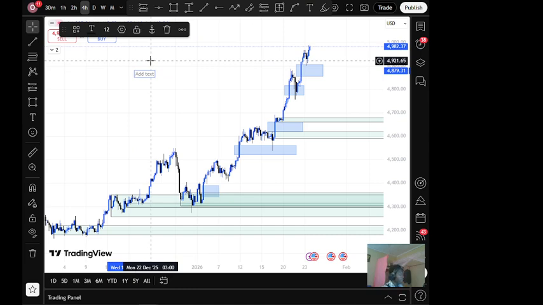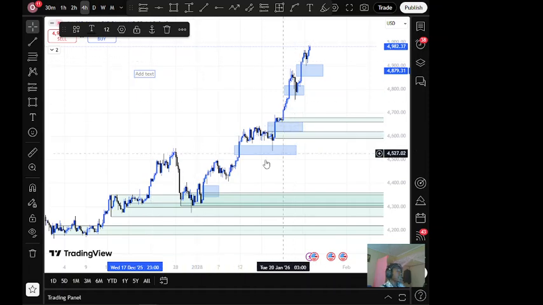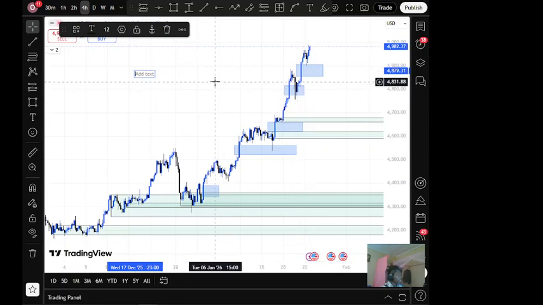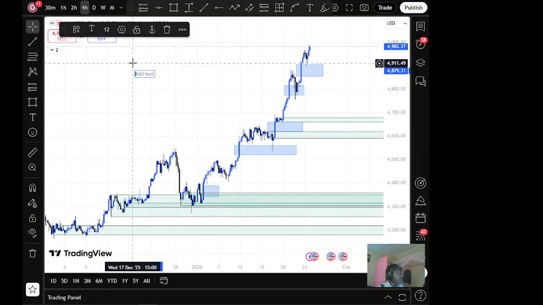because the fair value gaps simply mean these specific zones, the blue zones here. You see that this is a fair value gap.